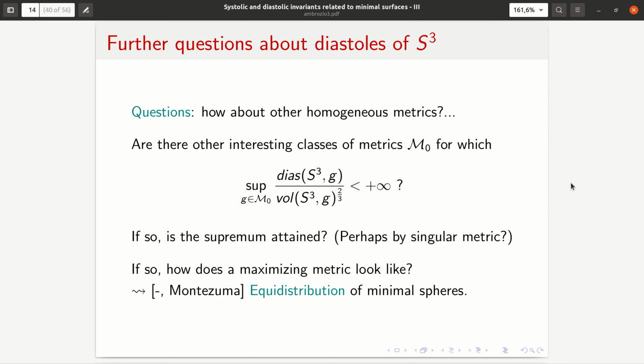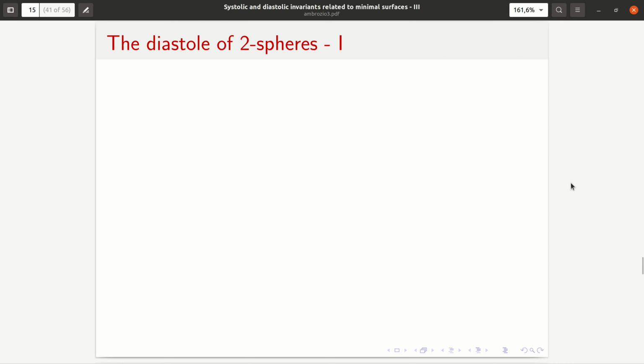Right, so let me now discuss a bit about the diastole of two-spheres. You probably have noticed that I started talking about 3 dimensions instead of 2 dimensions. I did that because the relevant min-max theorems are much neater to state in the case of the 3-dimensional sphere.